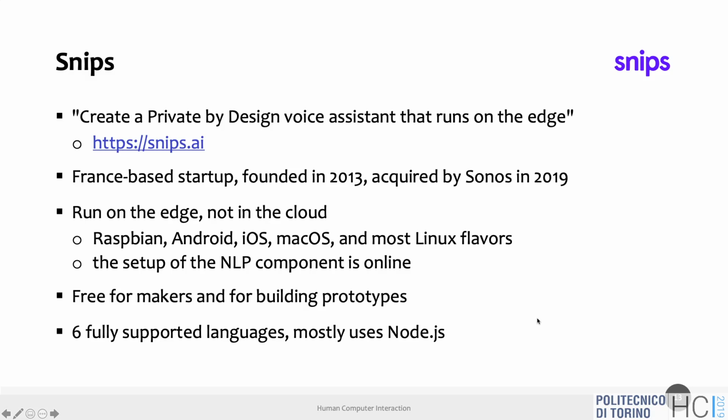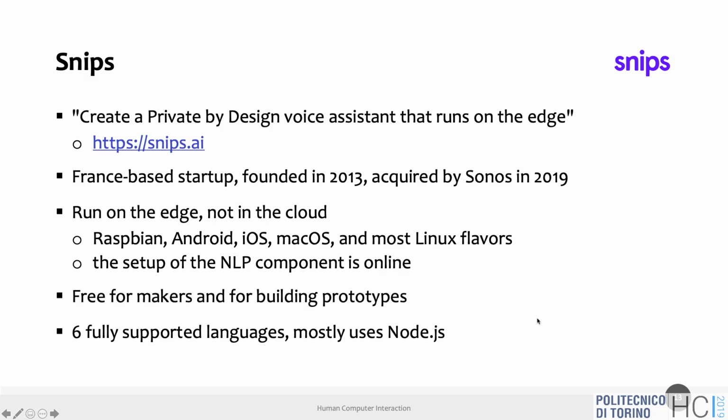Then there is Snips. I'm presenting three of these, and then we are going to use one of them. Snips is here for an honorable mention because it's not cloud-based, and it's European, so it has two features that the other two don't have.